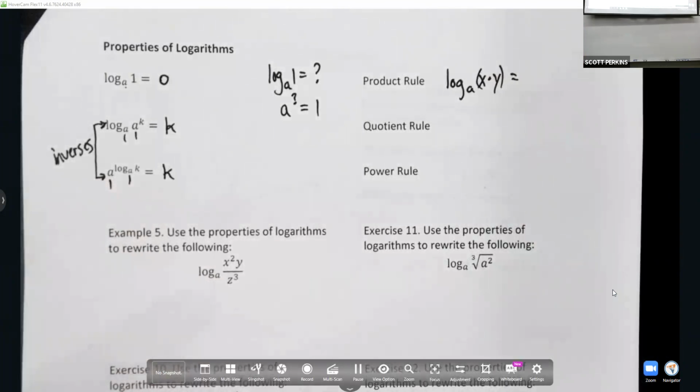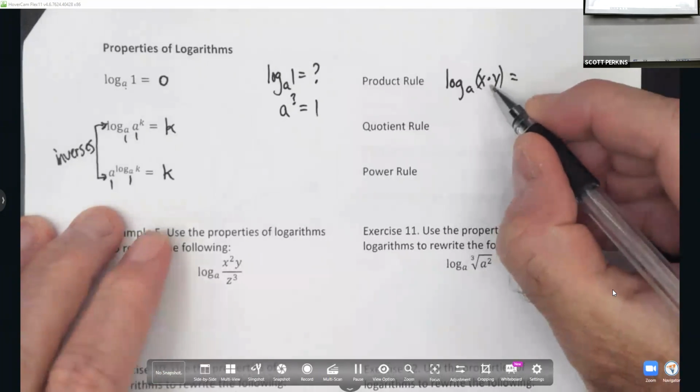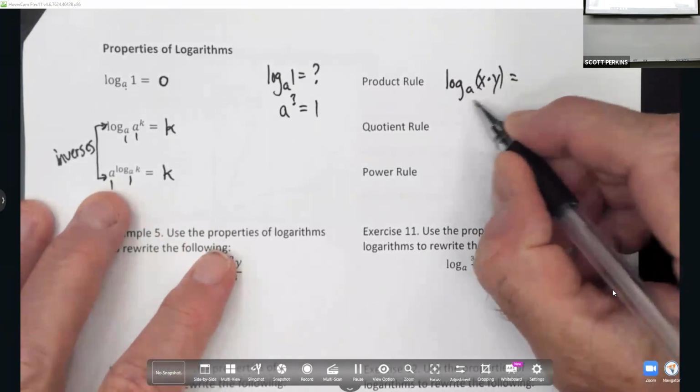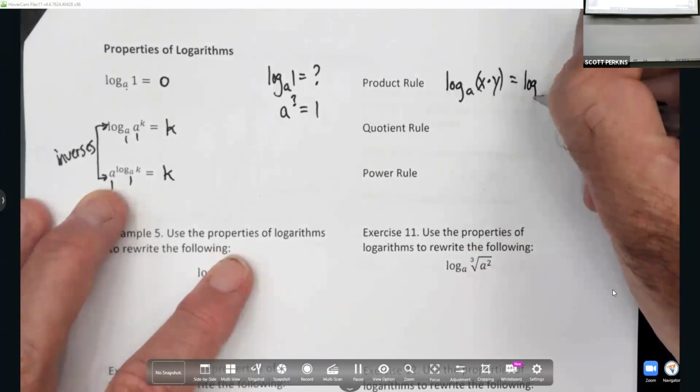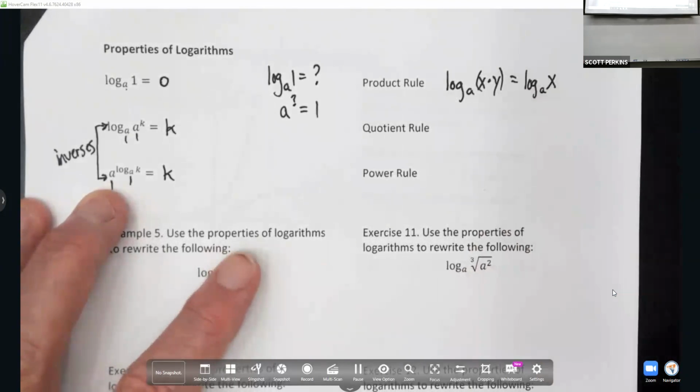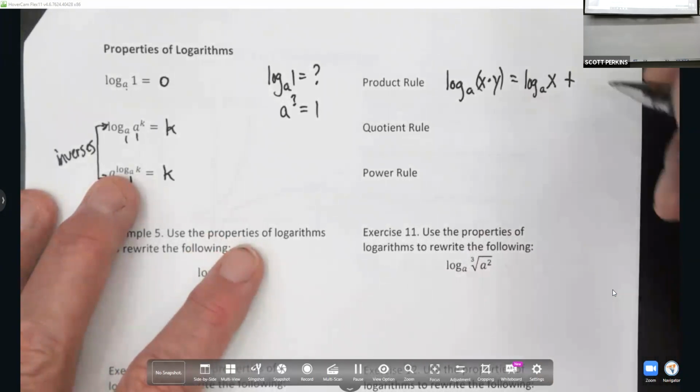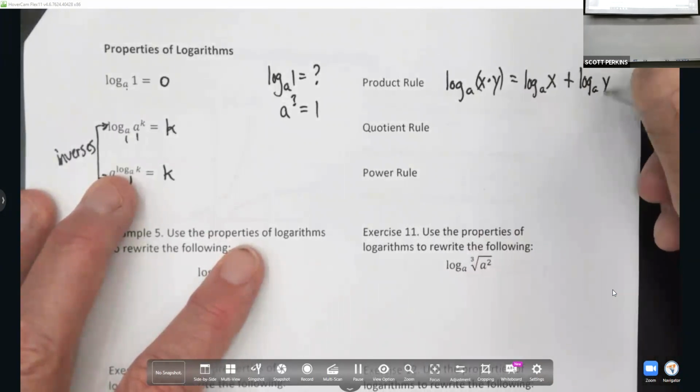Well, let's think about our powers. What do we do with our powers when we multiply? That is the example I did earlier. When I multiply my bases, what do I do with my powers? I add them. I add the powers. So if I'm multiplying right here, the way that I can rewrite this is, I have the log base a of the first thing, the x, plus, because I'm adding the powers, the log base a of y.